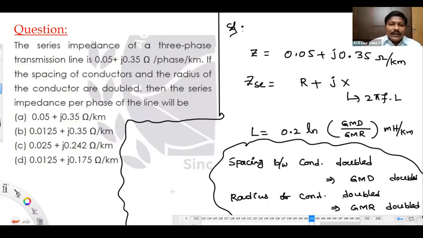Capacitance also remains the same. So there is no change in the values of L and C, but there is a change in the resistance value, which decreases by 4 times.